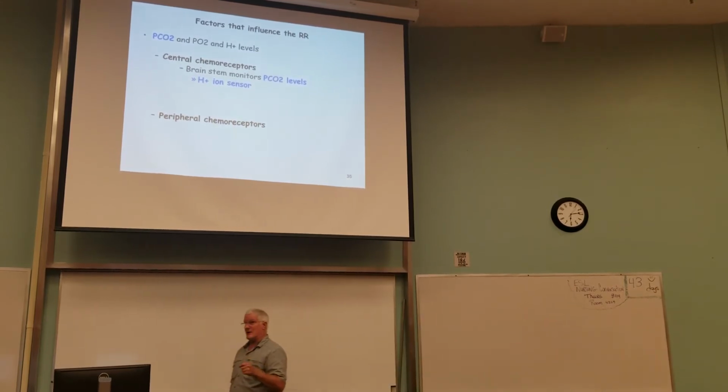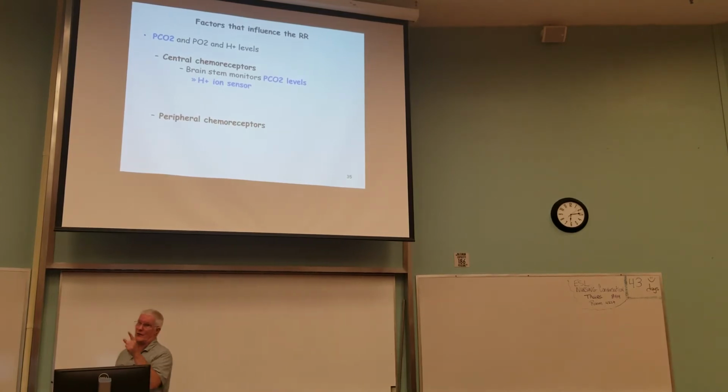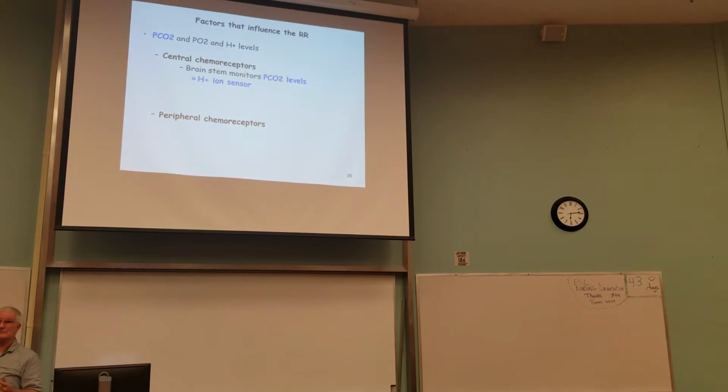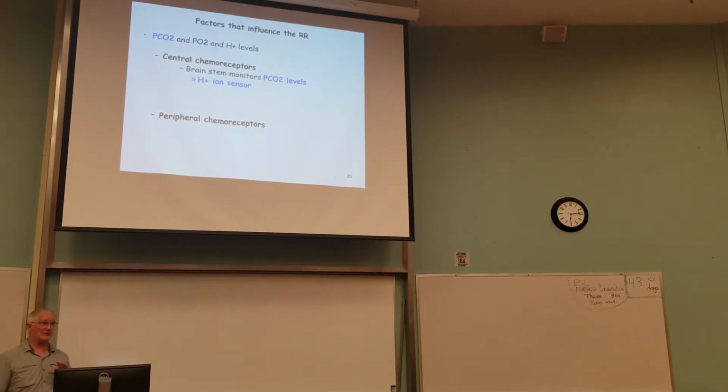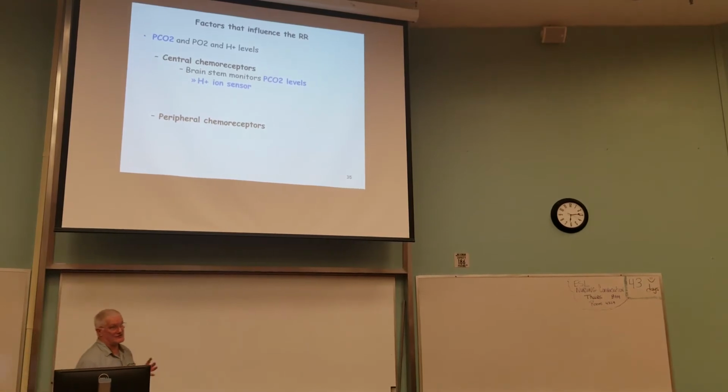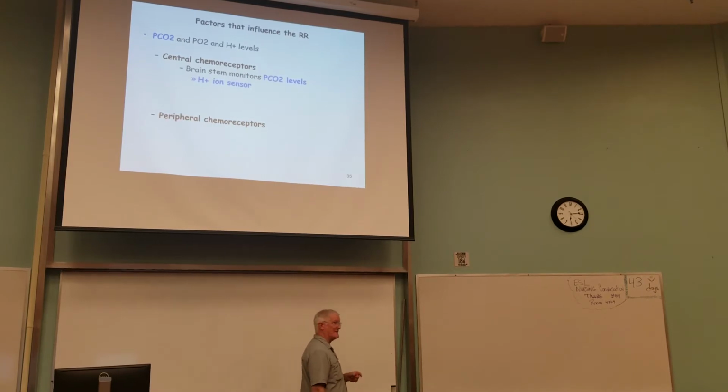The peripheral chemoreceptor, which is found in the aorta and the carotid, does respond to O2, but it's usually significant drops in O2, like a PO2 of 60 or less, that would trigger you to breathe faster.